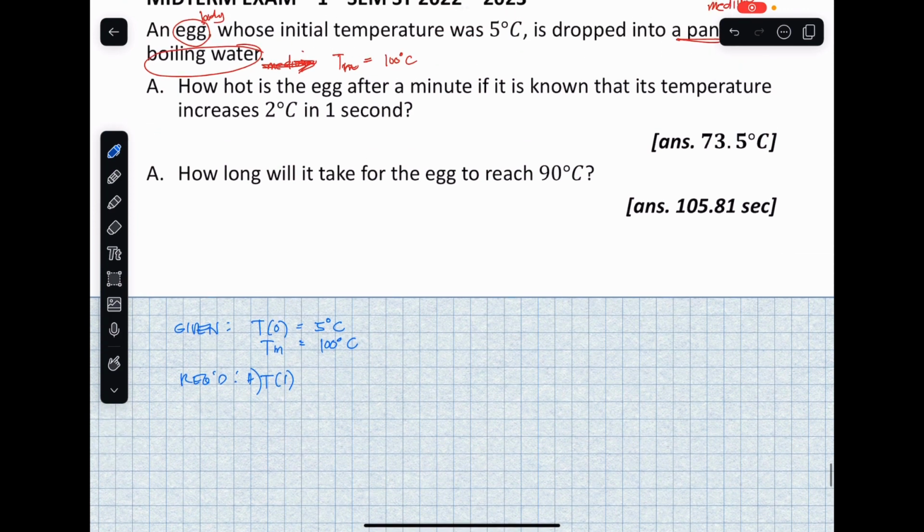It is known that its temperature increases 2 degrees Celsius in 1 second. So for every 1 second, there's an increase of 2 degrees Celsius.